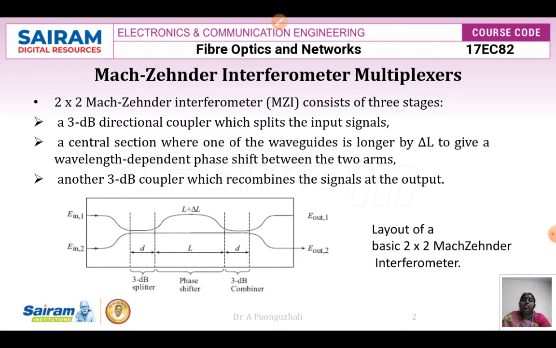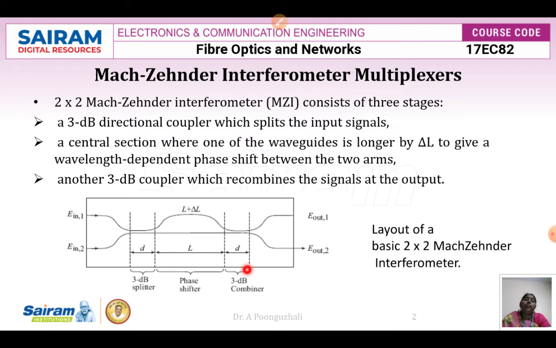So the three stages are a 3 dB coupler which splits the input signal, and the split signal is sent through the phase shifter, where one signal has a different phase shift compared with the other, being longer by a value of del L. These two signals are combined at the output side by a 3 dB combiner, at the output of the interferometer, that is, the multiplexer.